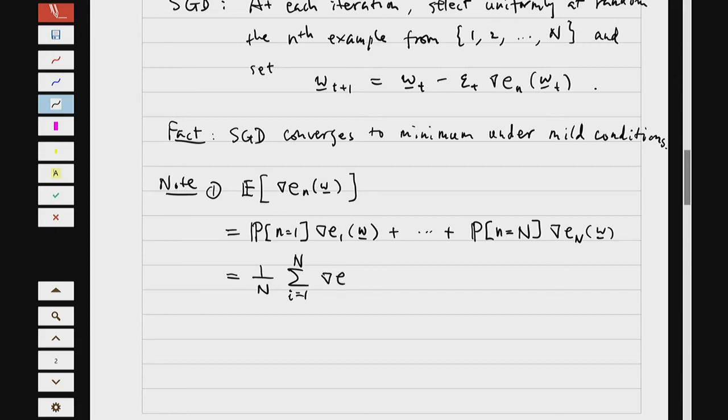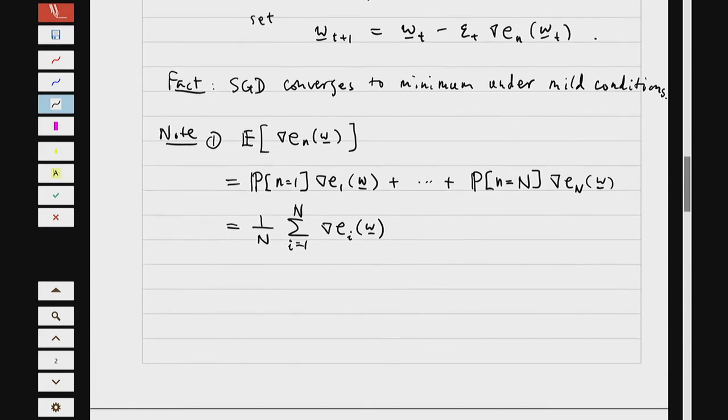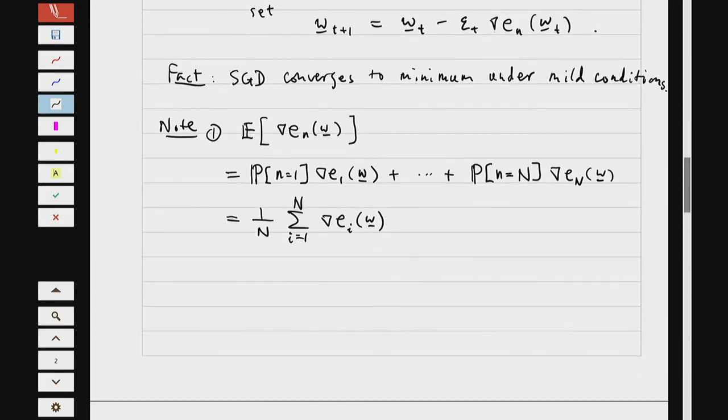Gradient. What is this equal to? Well, E in, by definition. Oops, no, nabla E in, the gradient of E in at w.